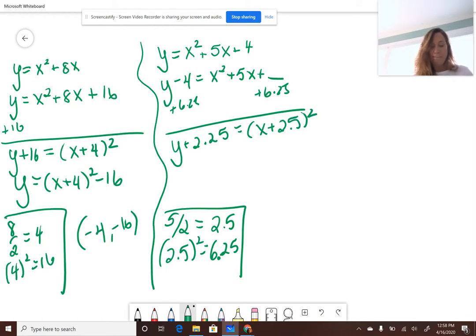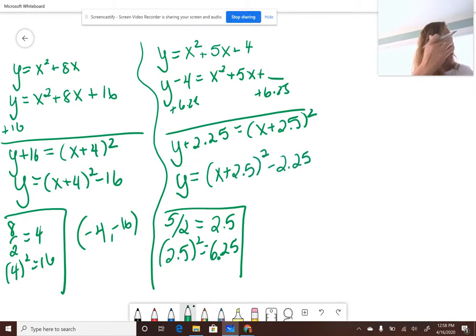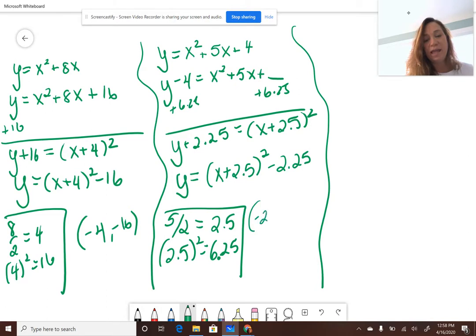Okay, sorry. Y equals x plus 2.5 squared, subtracting the 2.25. So that gives me a vertex of -2.5, comma, -2.25. And that might be harder to find on the table.